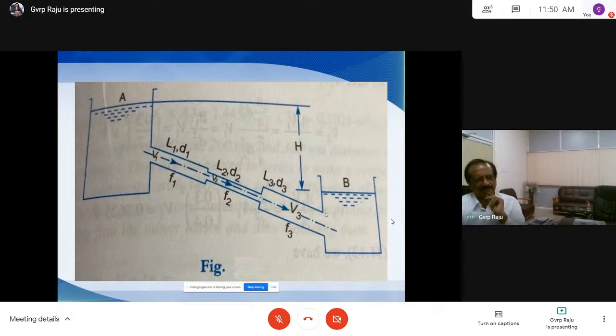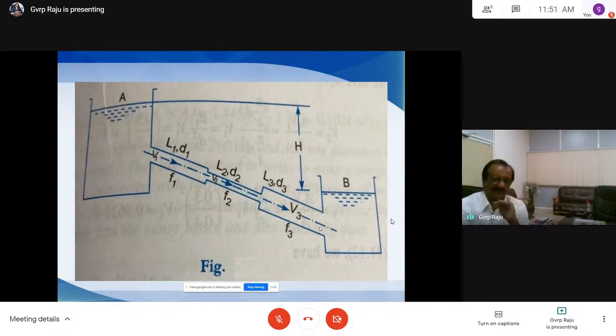Very, very simple, provided you understand the equations and the way you have to deal with those equations for solutions. Sometimes they may say that minor losses are neglected. In that case you can take only friction loss, so H is equal to HF1 plus HF2 plus HF3.